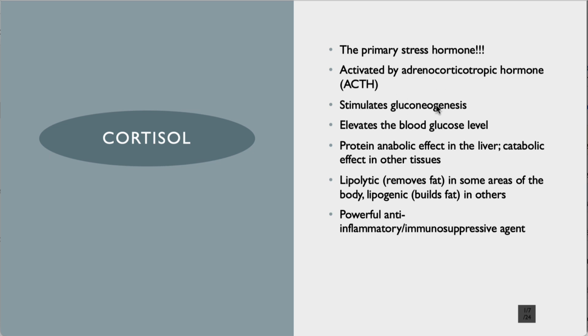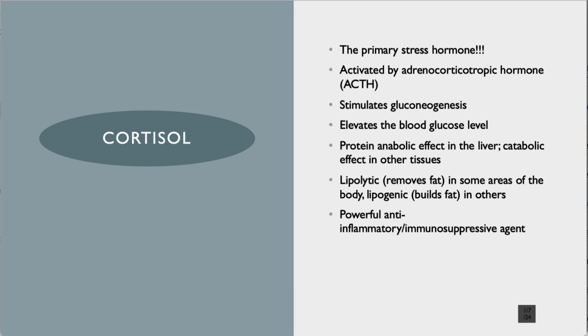That stimulates gluconeogenesis, which increases the blood glucose level. There's anabolic effects in the liver, catabolic effects on other tissues. Remember, anabolic means building up, catabolic means breaking down. And then there's lipolytic effects in some parts of the body and lipogenic effects in other parts of the body.